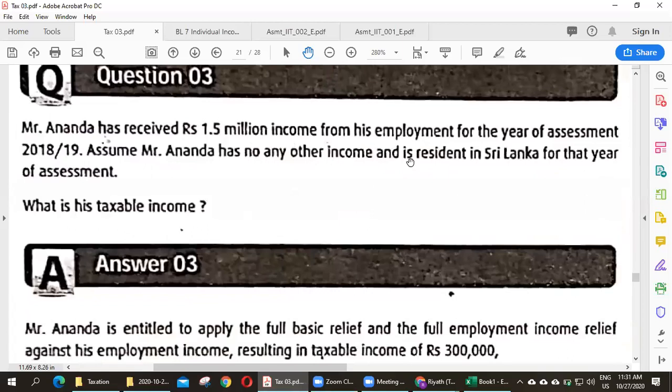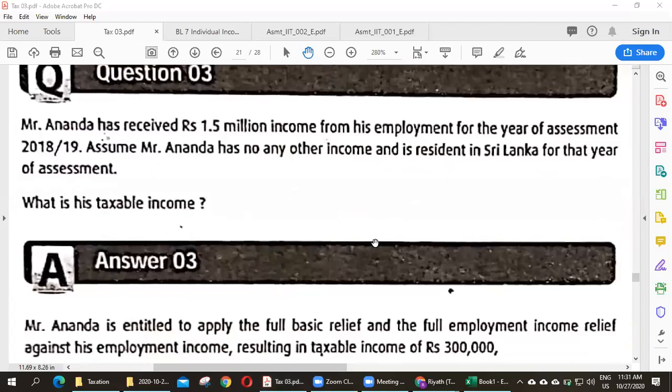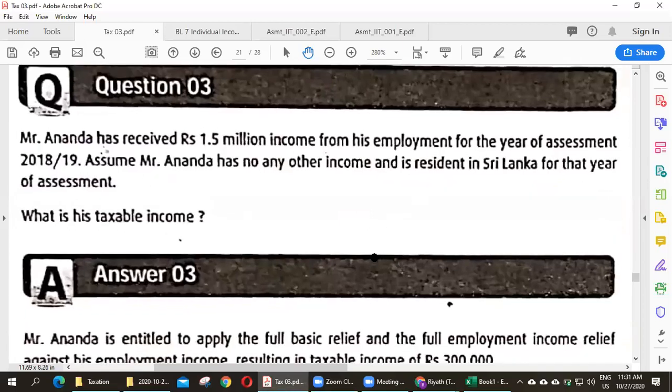Now question number 3. Mr. Ananda has received rupees 1.5 million income from his employment for the year of assessment 18/19. Assume Mr. Ananda has no other income and is resident in Sri Lanka for the year of assessment. What's the taxable income?